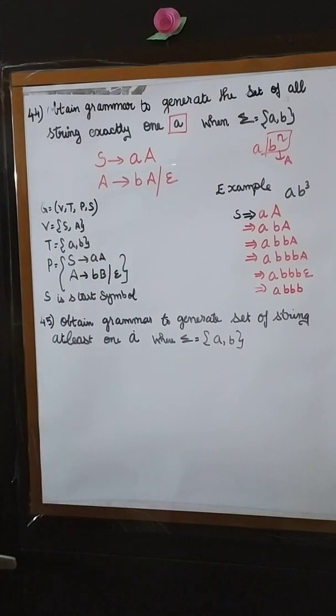In this question they are telling you that you can have at least one a. At least one a should be there.